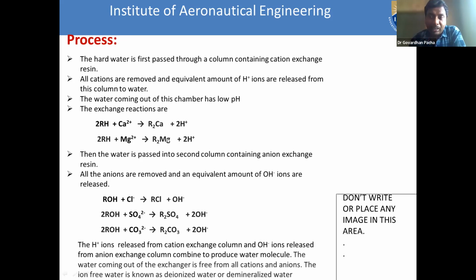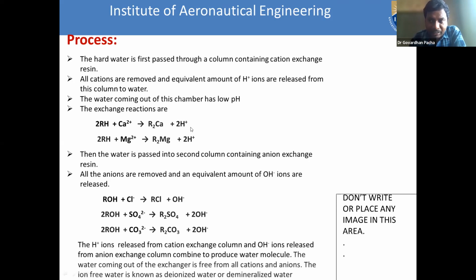Because of the released H plus ions present in the resultant water, it shows a lower pH value. Why? Because pH is inversely proportional to the concentration of H plus ions. So in the presence of H plus ions, the resultant water shows a lower pH value.